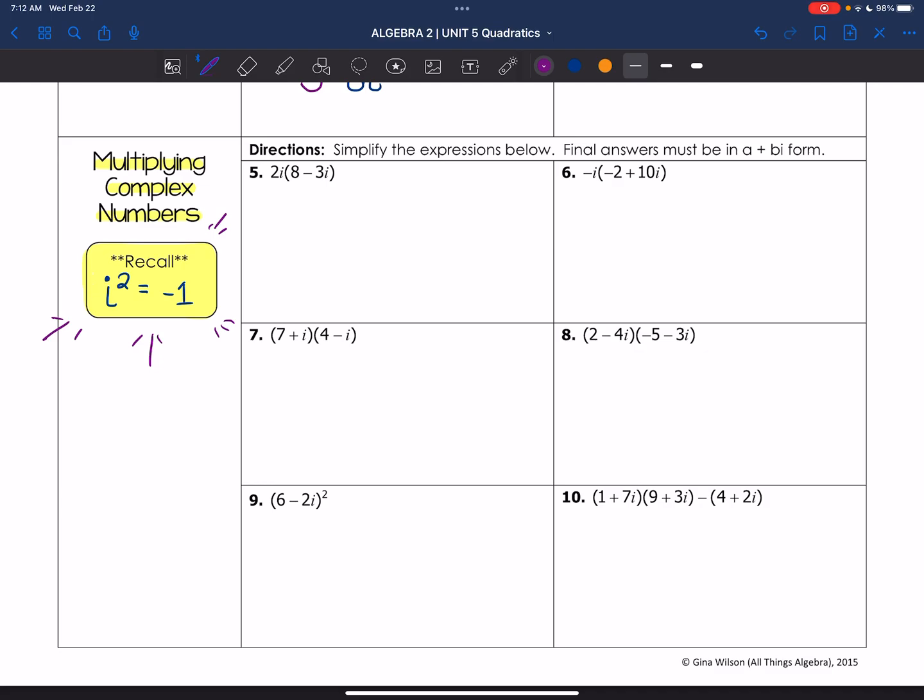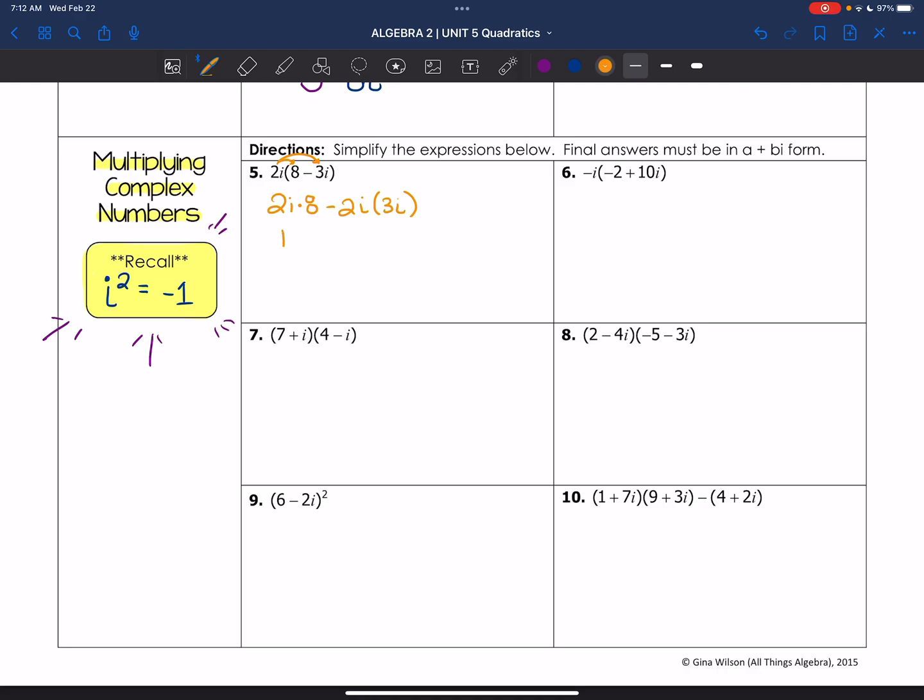So let's go ahead and begin that process here. To simplify, we're going to have to distribute. So we're saying 2i times the 8, and we're saying to then subtract 2i times a 3i, which is going to simplify quite a bit.